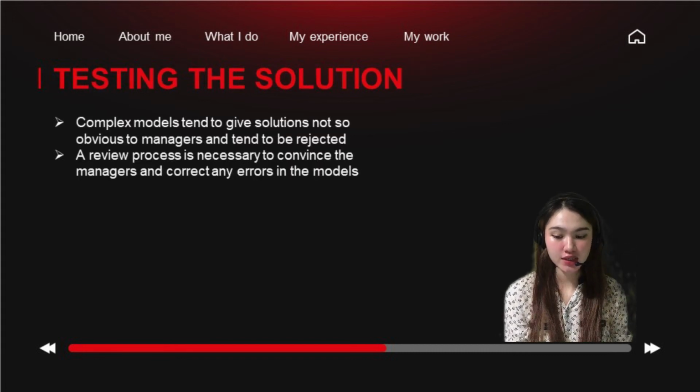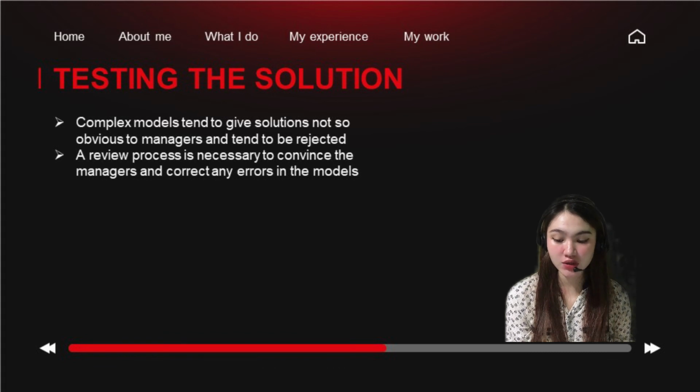Testing the solution. Quantitative analysis frequently yields forecasts of how things will function in the future if certain adjustments are implemented today. Managers are frequently asked how good the solution appears to them in order to obtain a sense of how well it will actually function.